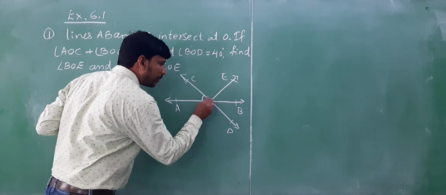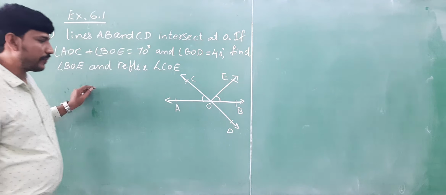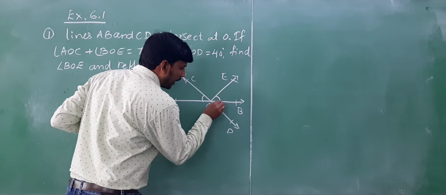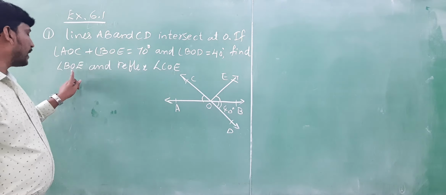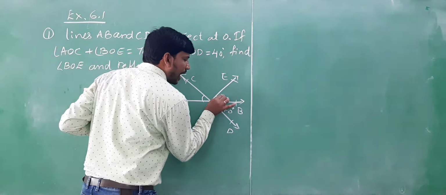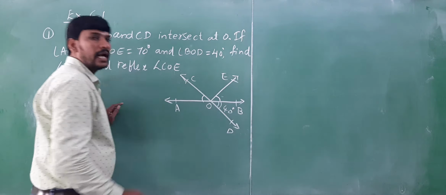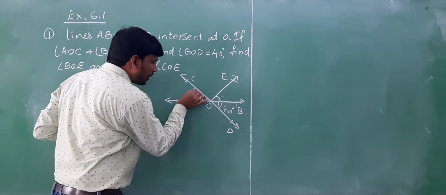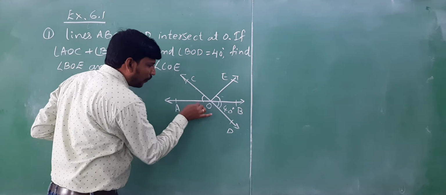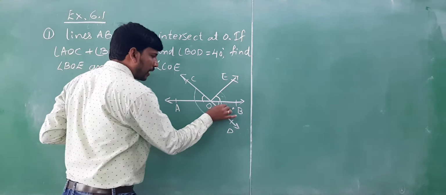Angle AOC plus BOE is equal to 70 degrees. Angle BOD is 40 degrees here. Okay, they are asking for angle BOE, only that particular angle, and as well as the reflex of angle COE. This total angle they are asking. Clear?